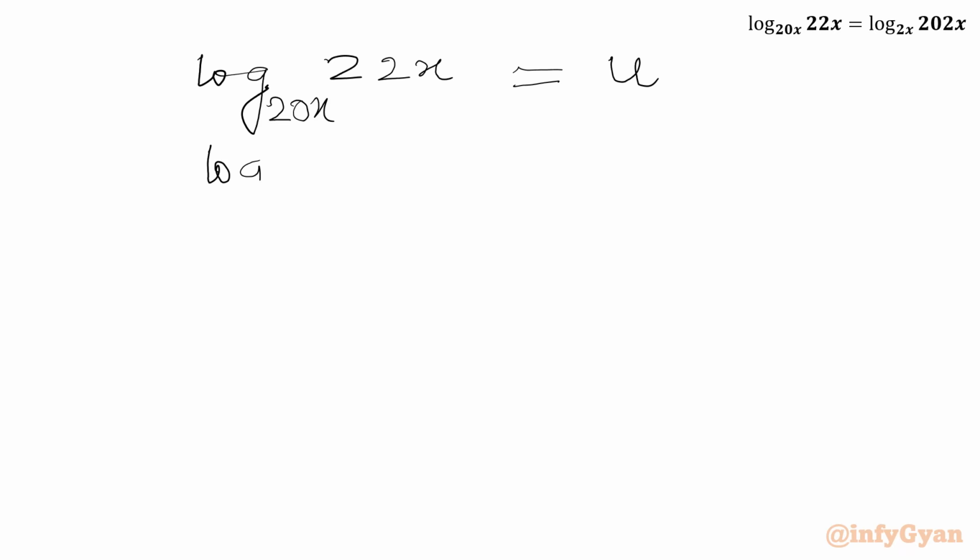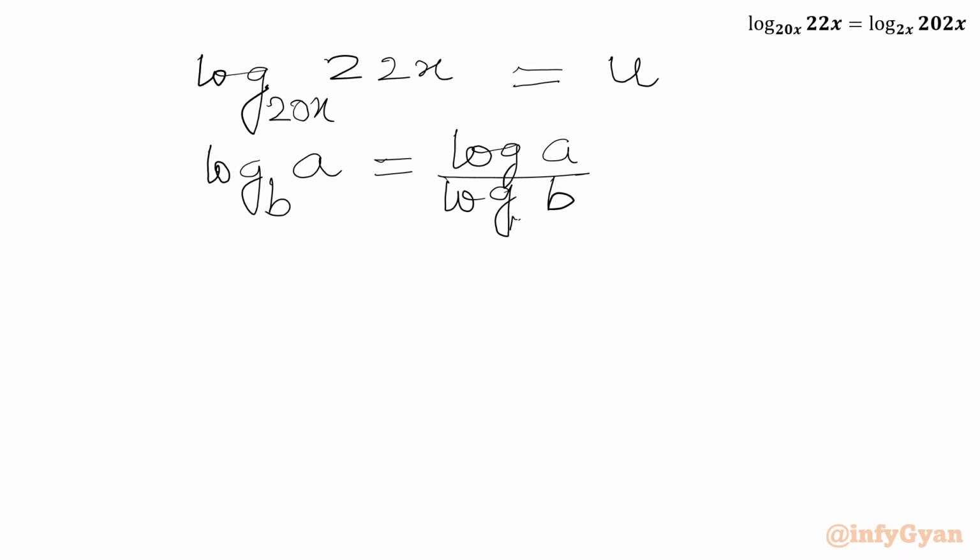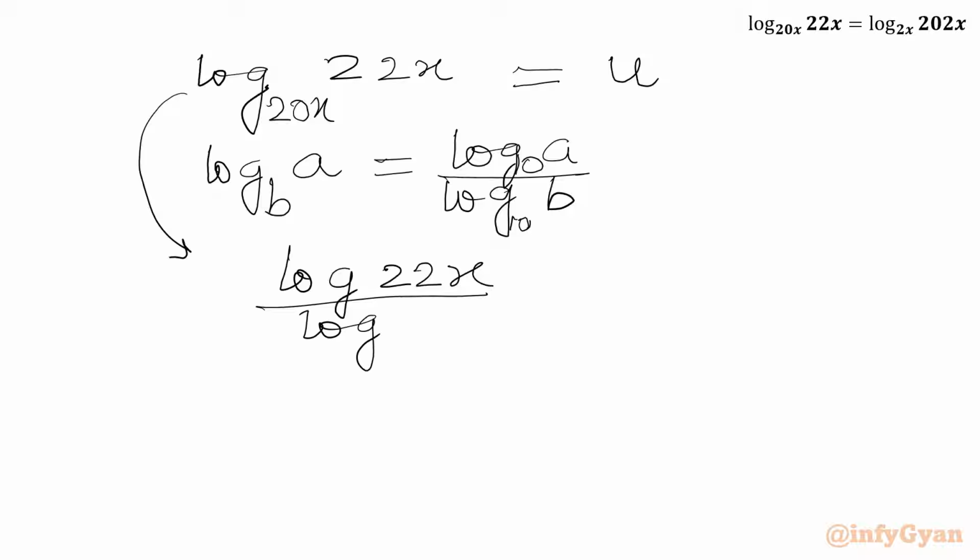We know that log a with base b can be written as log a over log b, the change of base formula. Here our bases are 10. Let's apply. We will get log of 22x divided by log of 20x equal to u.